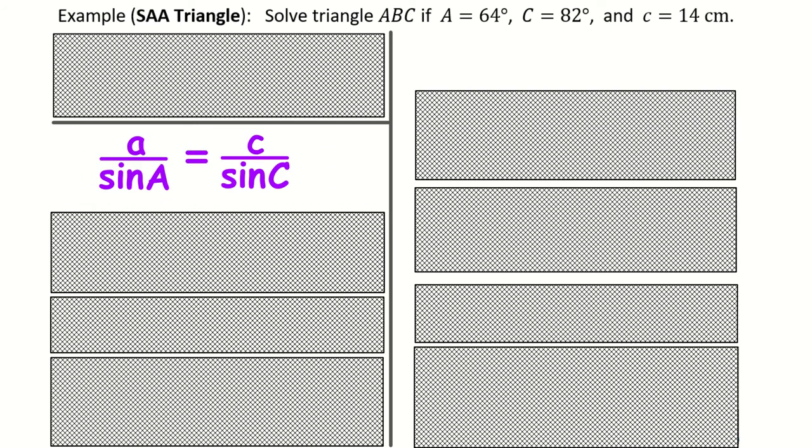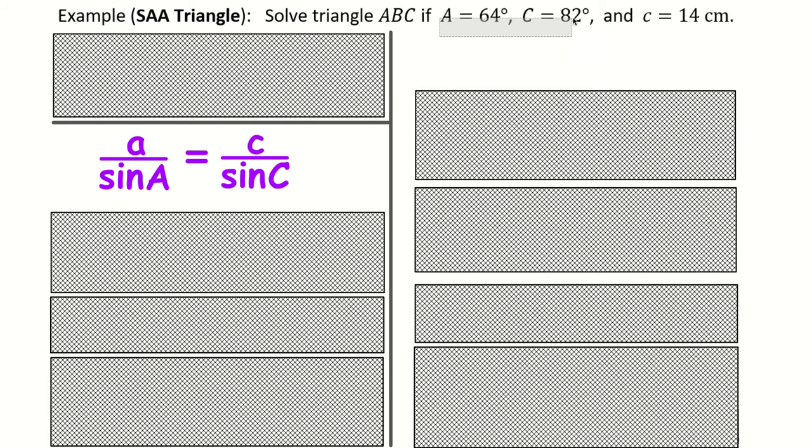So if you said that, notice this box up here really quick. If you said we can find little a, you are absolutely correct.